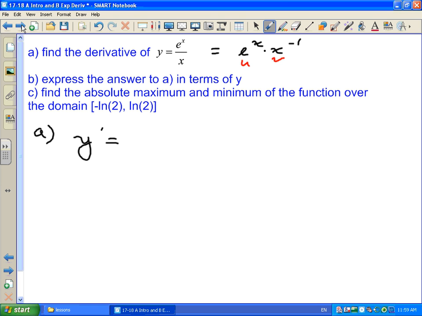Derivative of u is e to the x times v, which is x to the minus 1, plus u, which is e to the x, times the derivative of v, which is going to be negative 1 times x to the negative 2.